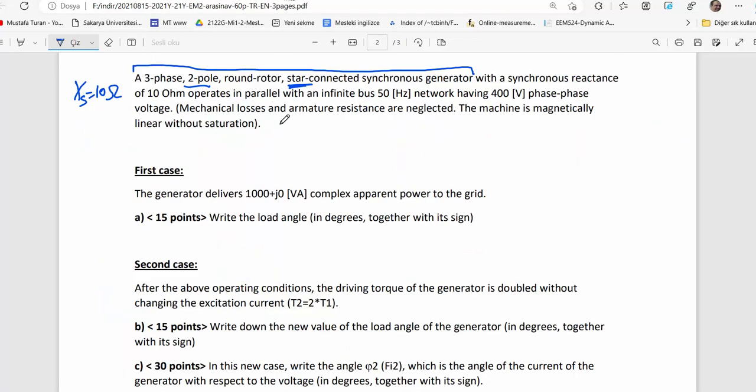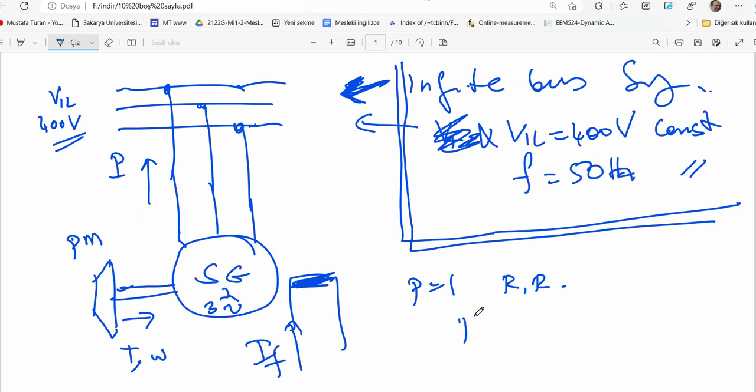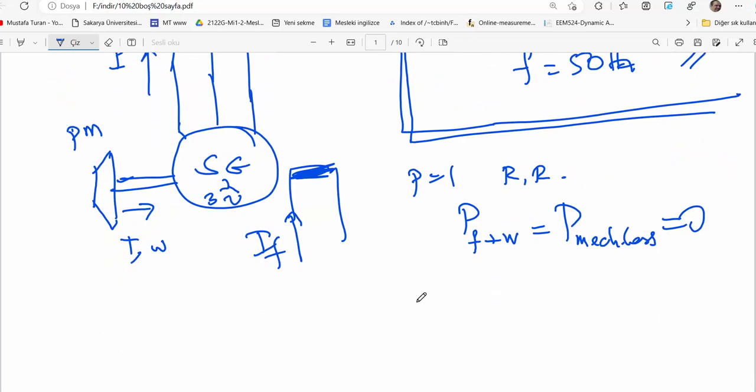Let's continue reading. Yes, it was 50 Hz and 400 volts line-to-line voltage. Mechanical losses and armature resistances are neglected. It means there are no frictional and windage losses, which we call total mechanical losses. It is neglected, and armature resistance is neglected.